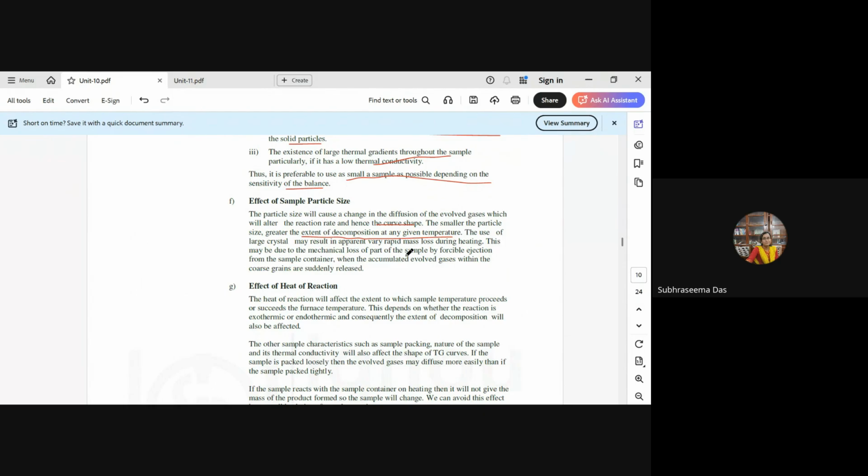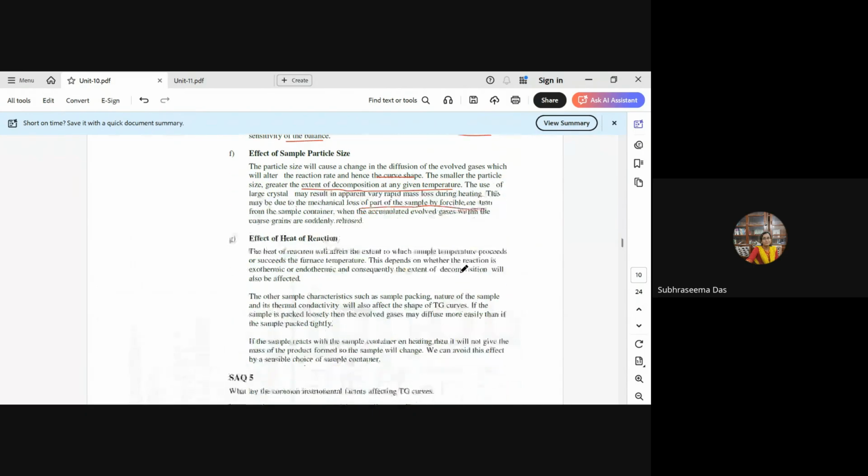This is also due to the mechanical loss of the sample by forcible ejection from the sample container, where the gases that are evolved during the measurement accumulate and suddenly are released. So the sample particle size will also decide the nature of the TG curve.